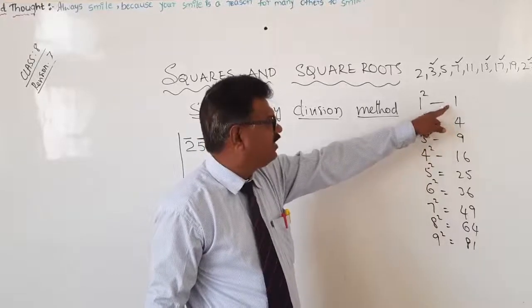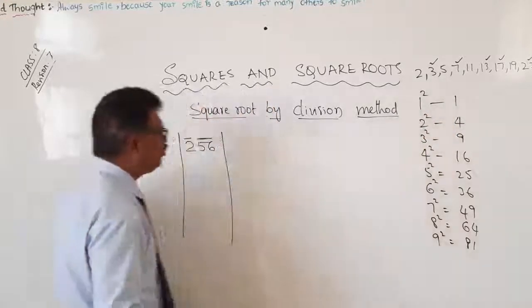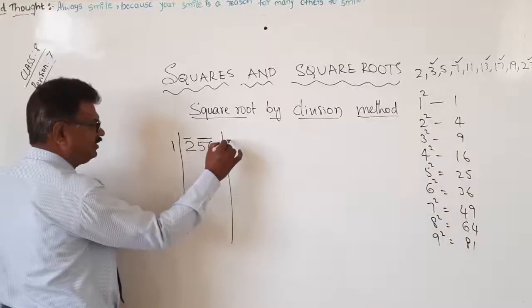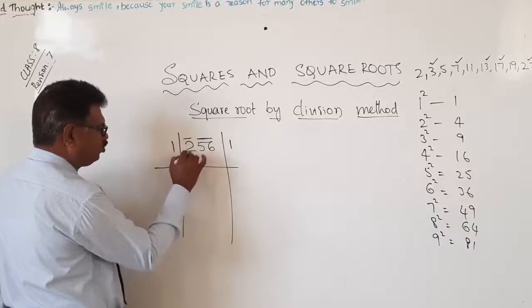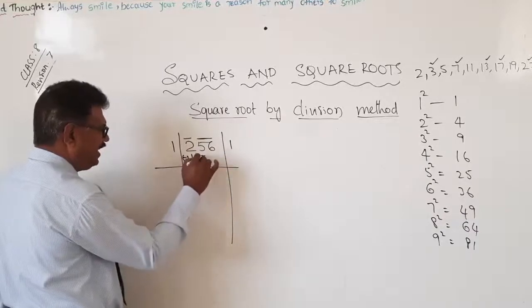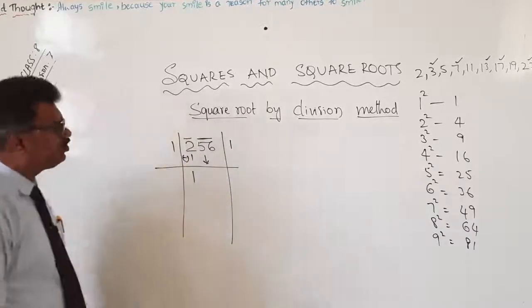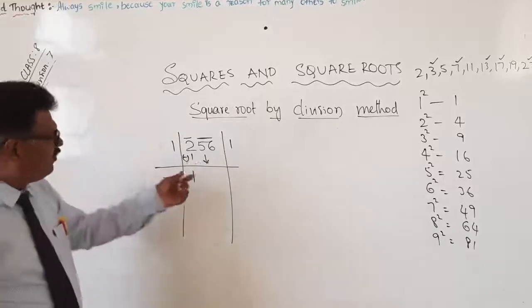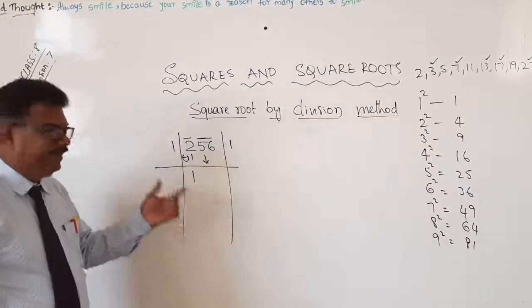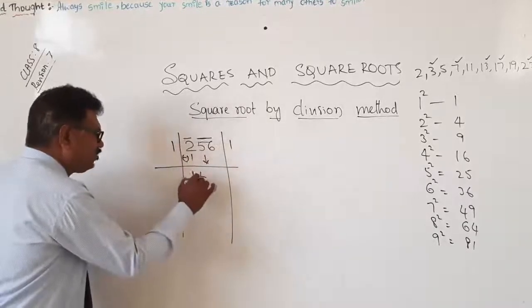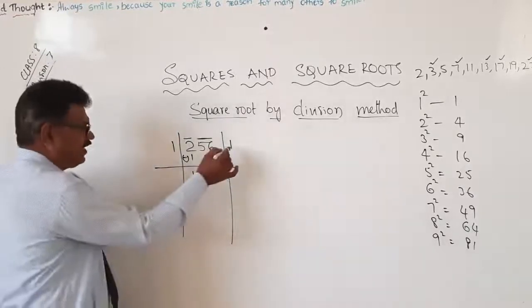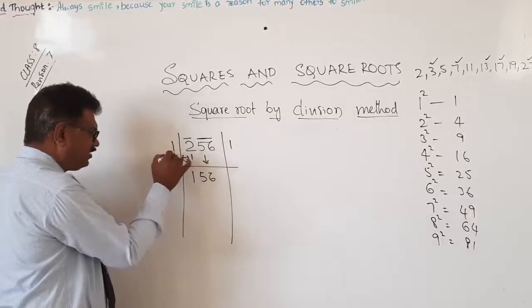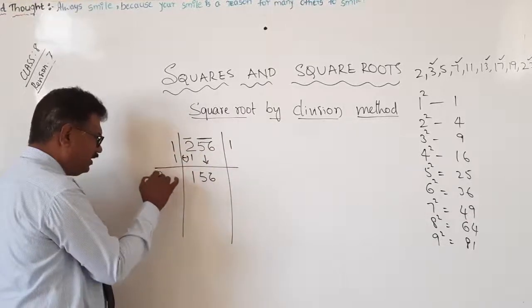Therefore, 1 we have to take. So 1 into 1 is 1. Okay? 2 minus 1 is 1. Here, in squares and square roots, whenever you are taking a number, the pair will come outside. A single number will not come. Okay? Now whatever number is there, bring that down. 1 plus 1, how much? Here 2.